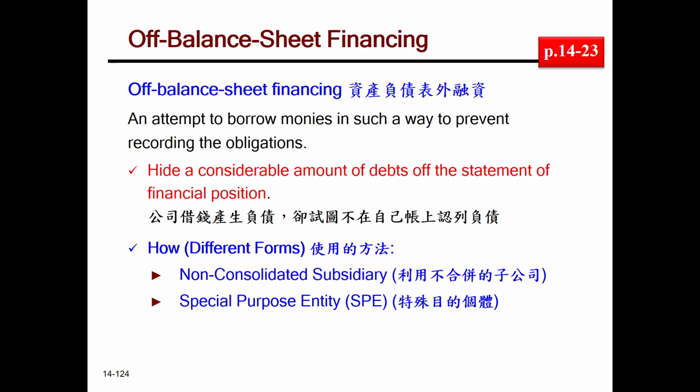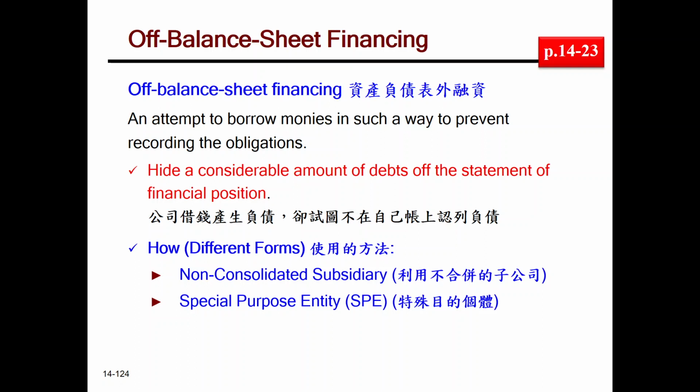Also, the second thing is the same. Special purpose entity: you just start up a new company overseas. So you do all of the dirty things overseas, so they won't show on your financial statements as well. Okay? So they have two major ways.